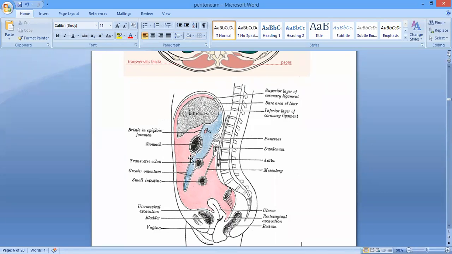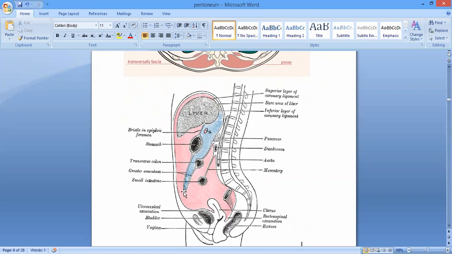The greater omentum ये मैंने बताया ना, two layers are anteriorly, and then it's going to roll back on itself and going to form the two posterior layers. So इसकी inferior limit क्या है? As far as up to between the layers of the greater omentum. ठीक है? Superiorly ये under surface of the diaphragm and inferiorly between the layers of the greater omentum.